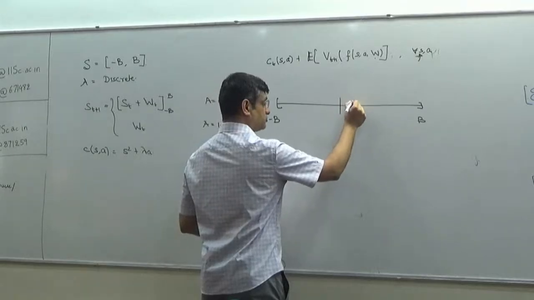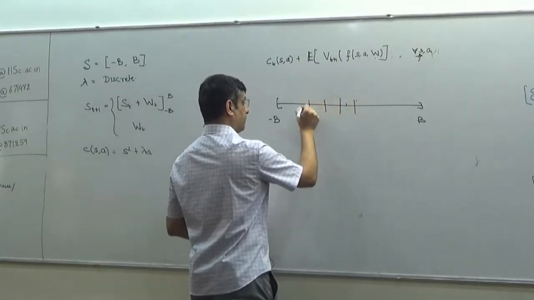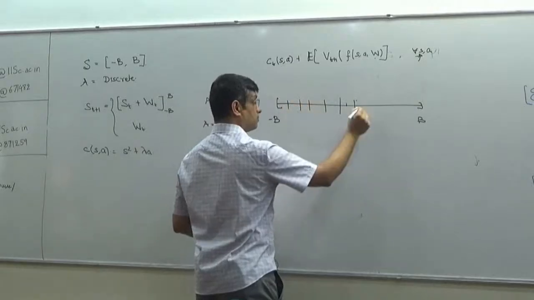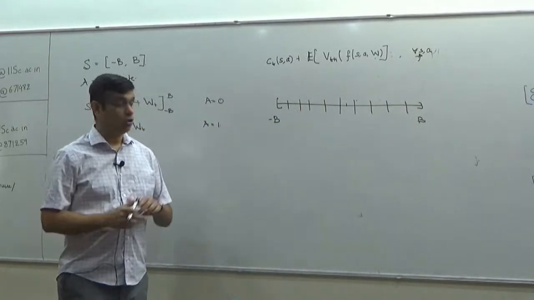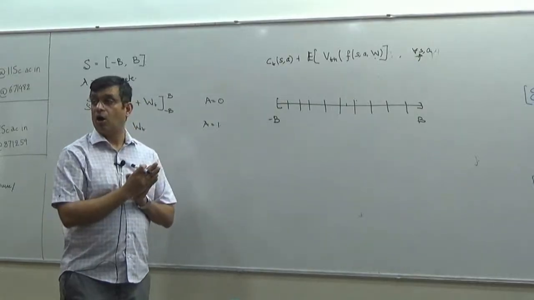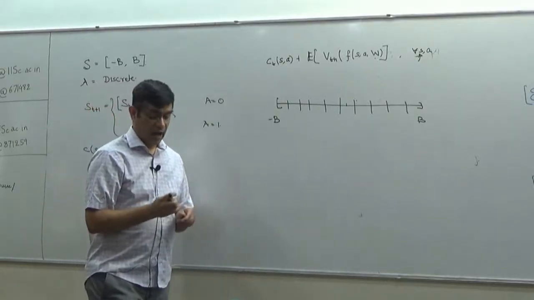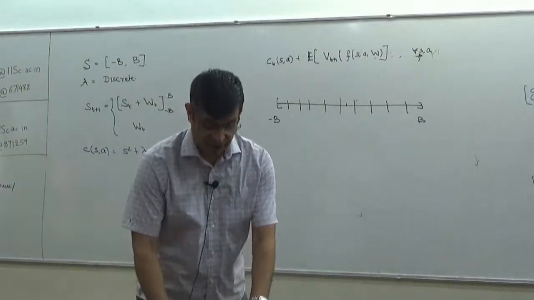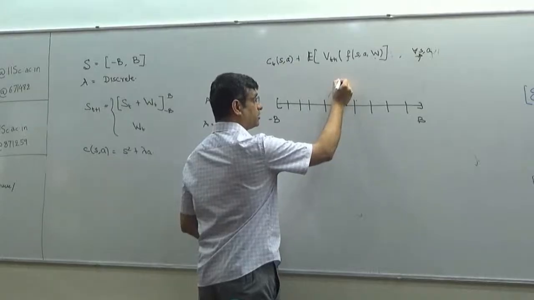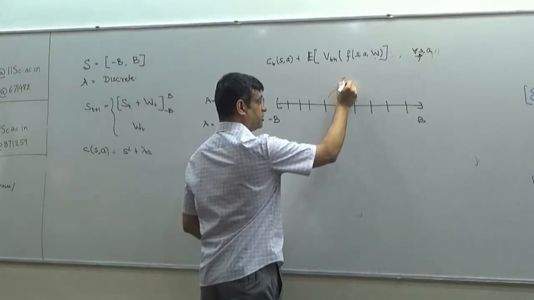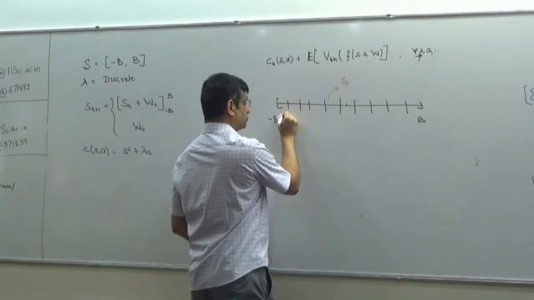Let us say I do something like this. I make a grid on this space, and for every grid cell, I will call it script Cj, where j goes from 1 to n.